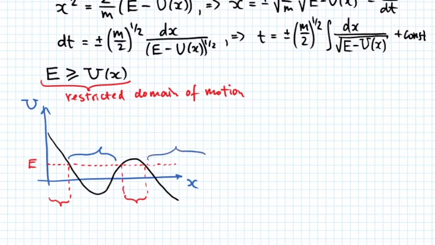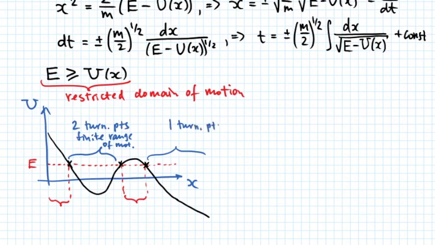The points where full energy is equal to potential energy are known as turning points. When there are two turning points, we have a finite range of motion. Here, if the potential energy keeps on decreasing, we only have one turning point, which means infinite range of motion, or semi-infinite.